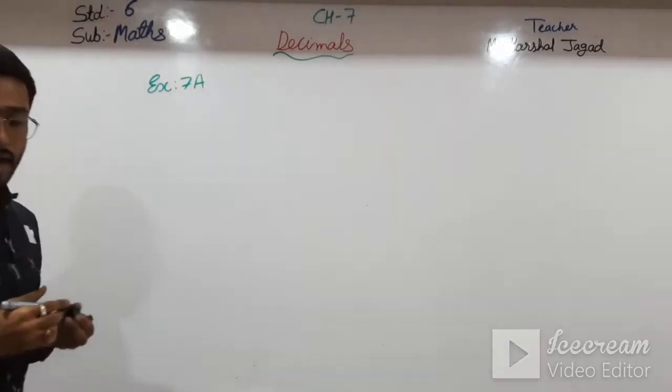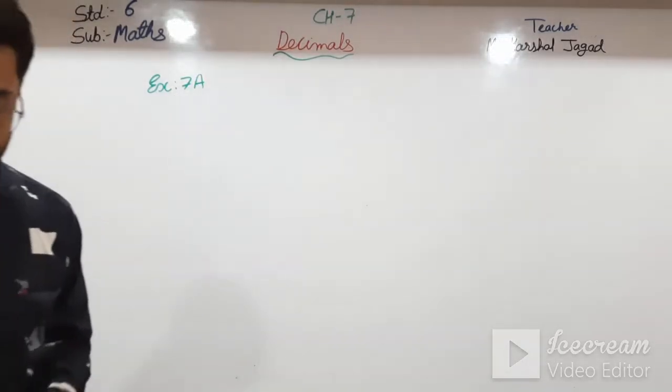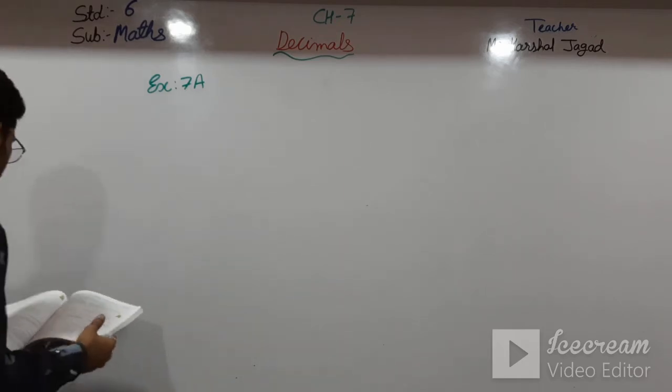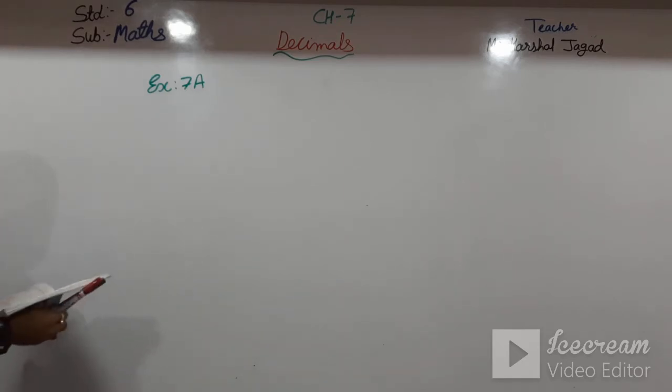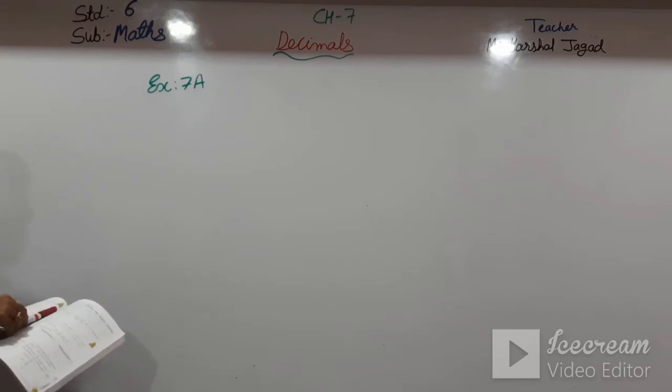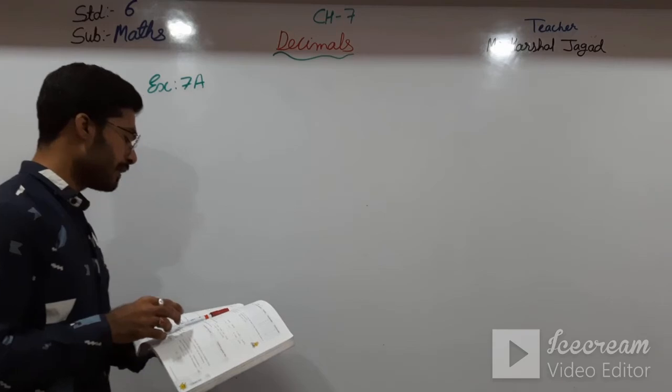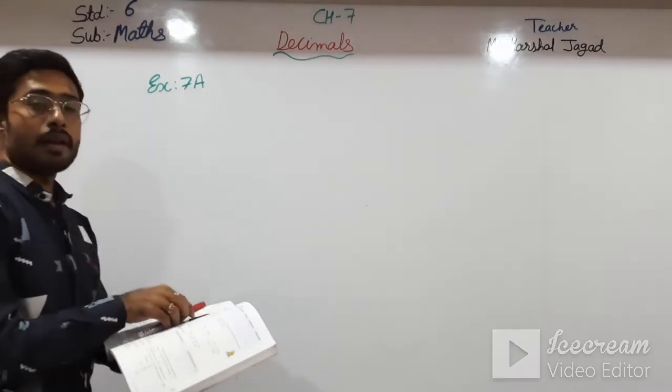From that I have done question number 1, and now I am moving towards question number 2: convert the unlike decimals 6.2, 0.1, 12.21 and 2.0034 into like decimals.